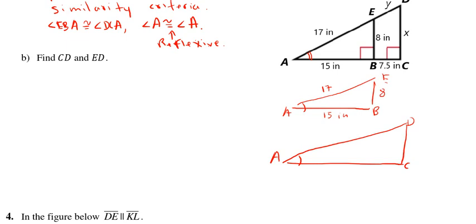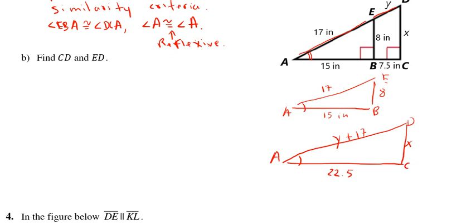So now how much is from A to C? Very good, because we're adding 15 plus 7.5. This part we do not know, and this part here would be y plus 17, because we're also adding these two pieces, y and the 17. So that's how we will represent from A to D.